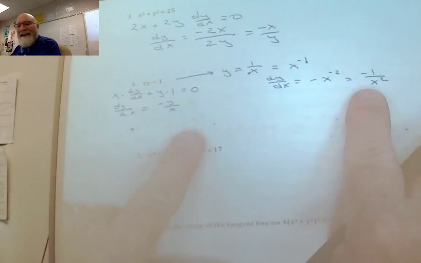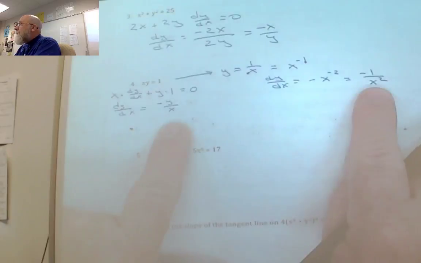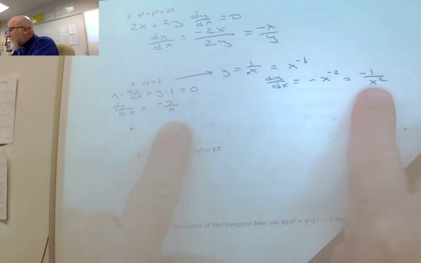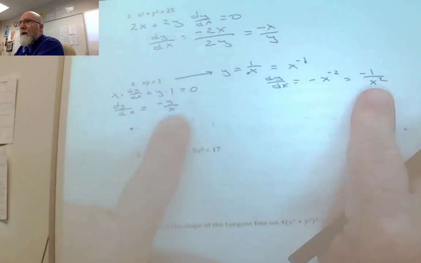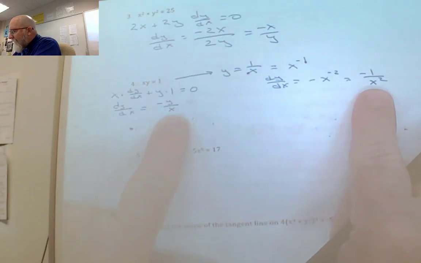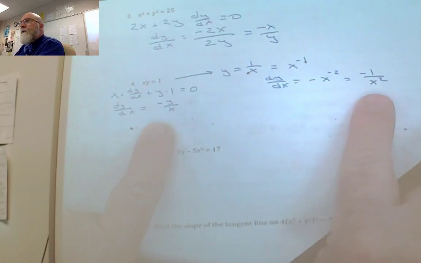How are these the same? One's in terms of x, and the other one says, okay, you can get the same answer if you use y and x. How can I get this one to look like this? How's that even possible? Do I have a name for y in terms of x?